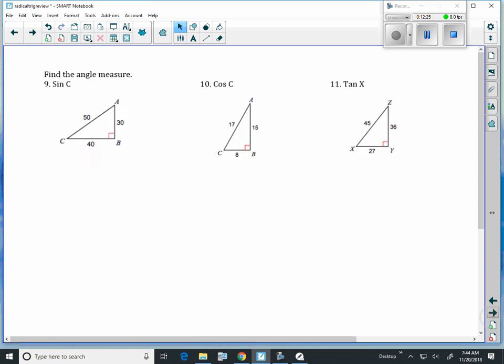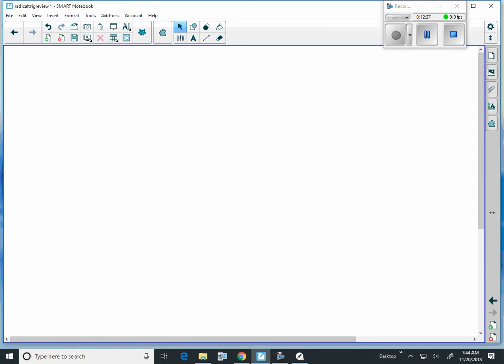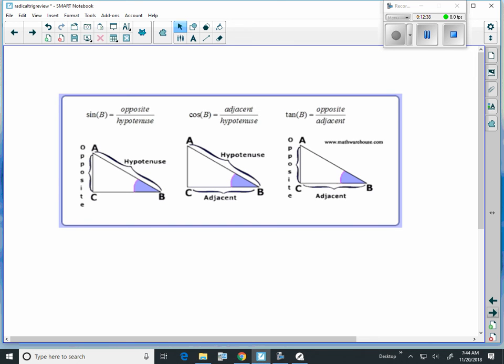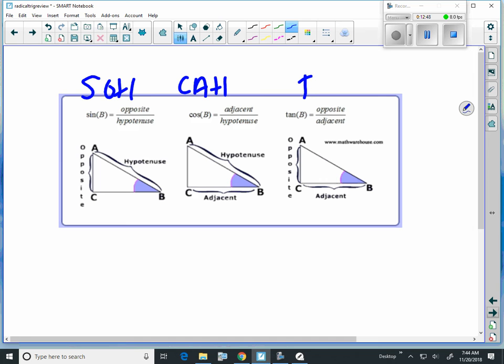Let's go ahead and go back to the front. We're going to do our radicals here. I'm sorry, our trigonometry. If you remember right, SOHCAHTOA, it's S-O-H, C-A-H, and then T-O-A.